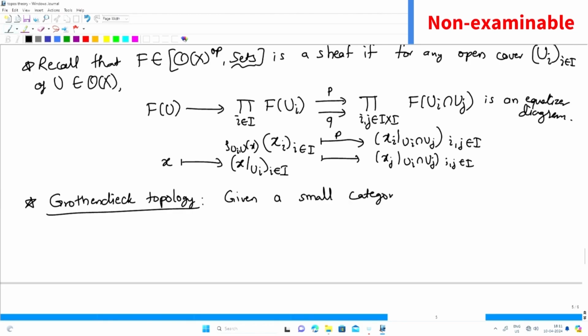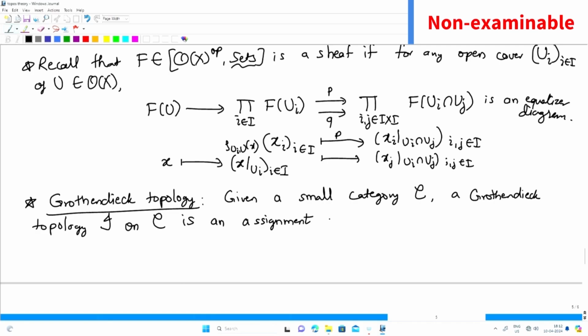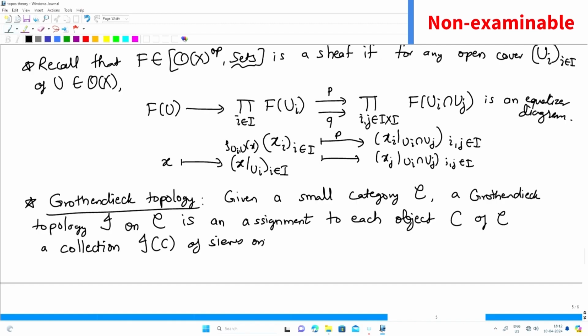Given a small category C, a Grothendieck topology J on C is an assignment to each object C of C, a collection of sieves, a collection JC of sieves on C satisfying the following properties.